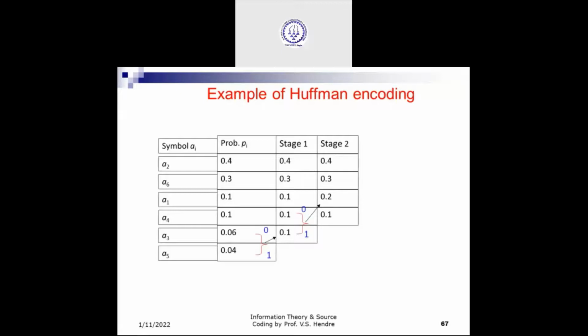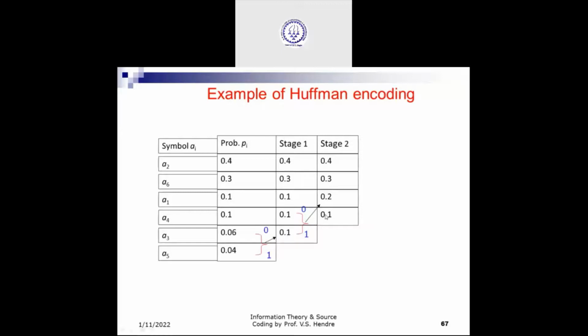I will repeat this step. The last two elements 0.1 and 0.1 I combine together. The sum is 0.2. 0.2 is carried forward into the next column, but after arranging them in descending order, this 0.4 will be as it is, this 0.3 will be as it is, 0.2 will be placed here, and this 0.1 will go to the bottom of the column.